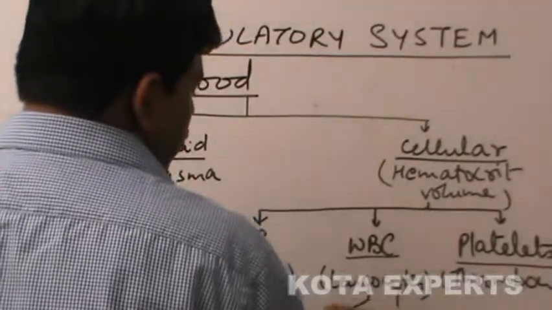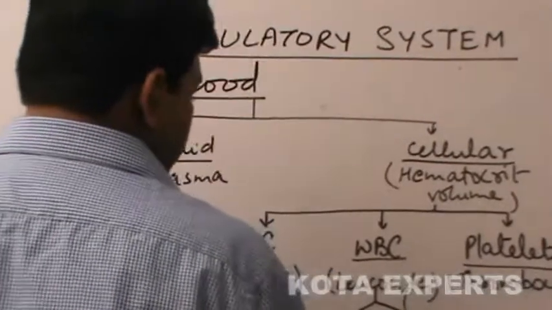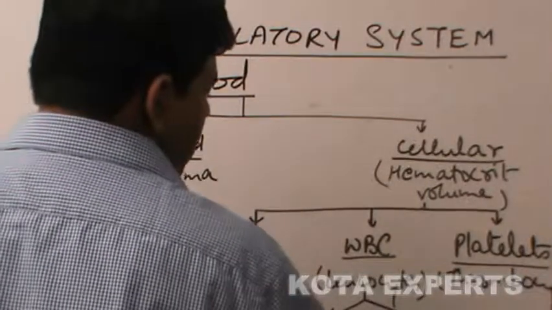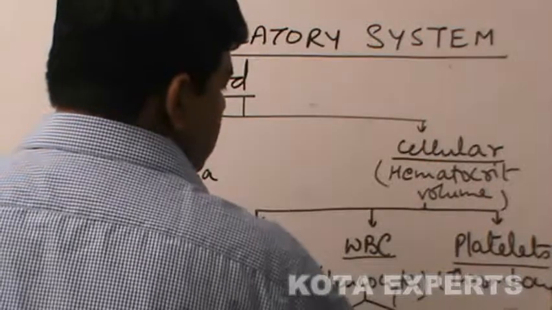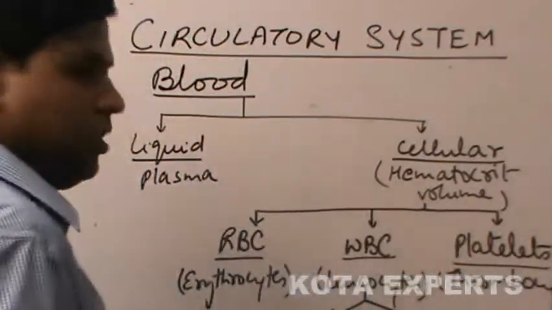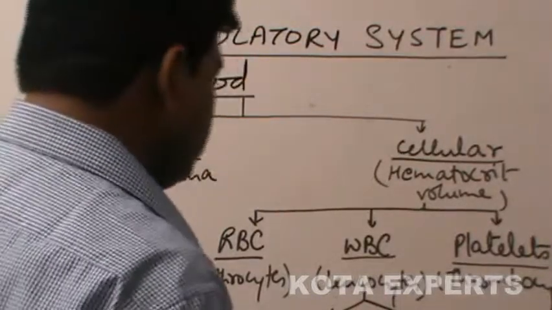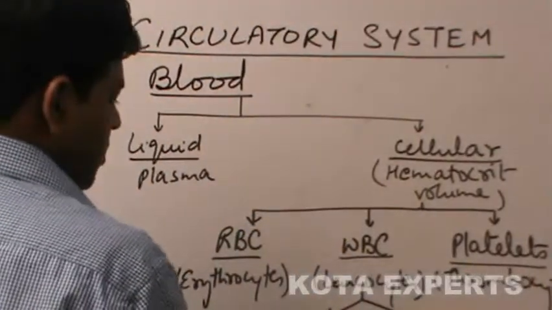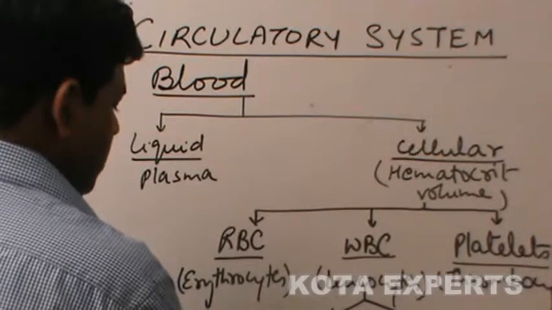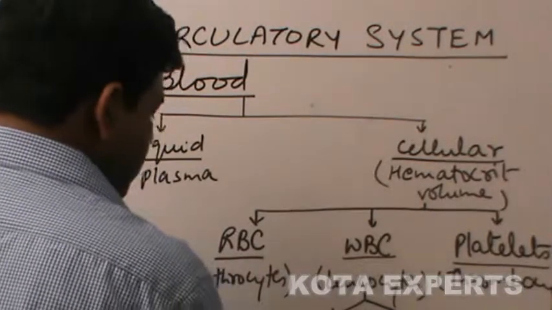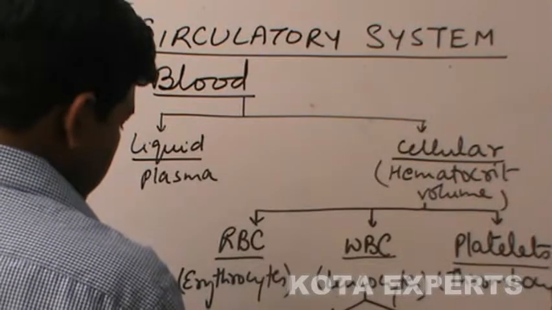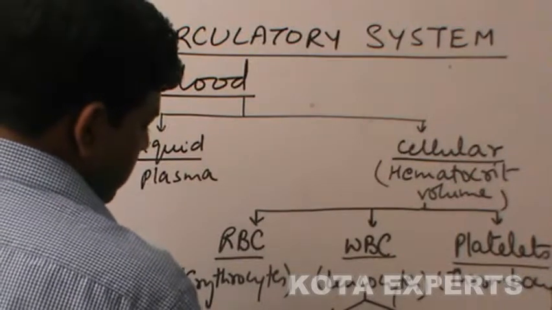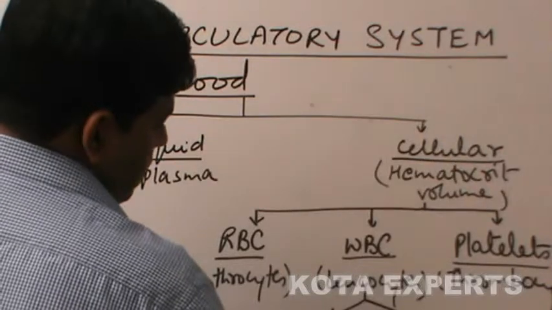Now we are going to deal with RBCs separately. WBCs are again divided into granulocytes and agranulocytes. Granulocytes are again divided into three parts: acidophils, neutrophils and basophils.